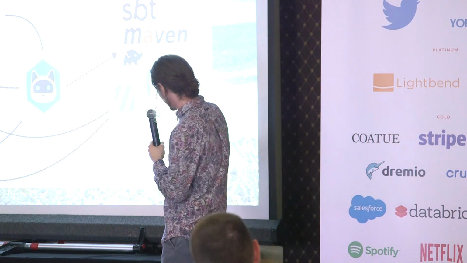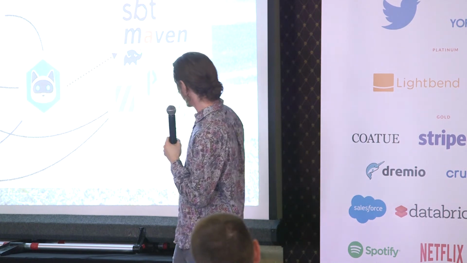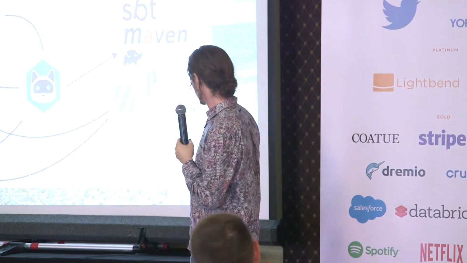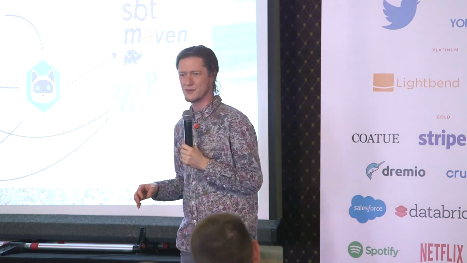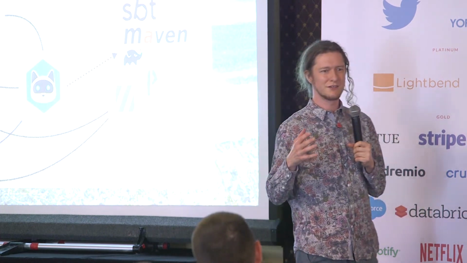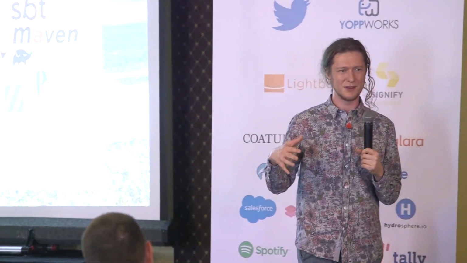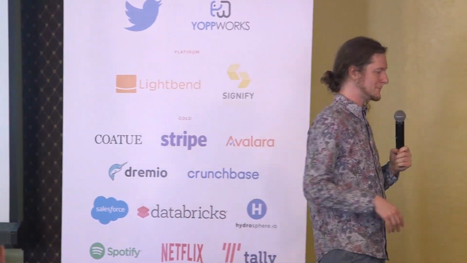And then here in the lower right corner, we have Basil and Pants, which are currently also developing dedicated BSP support. So you might already be able to use it if you hack around a bit.